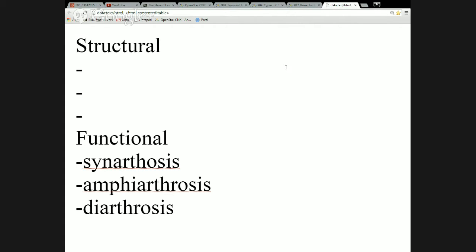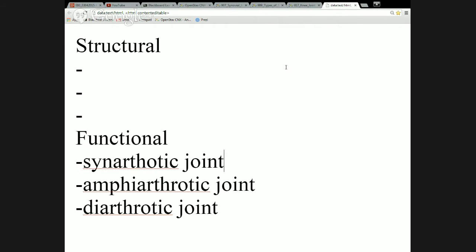I will often refer to the joints using the adjective form, which, for instance, would be diarthrotic joint or amphiarthrotic joint or synarthrotic joint. Now, I changed that here because I want to talk about the parts of speech aspect to this, but in the book, they usually use the noun version of these words, synarthrosis, et cetera.